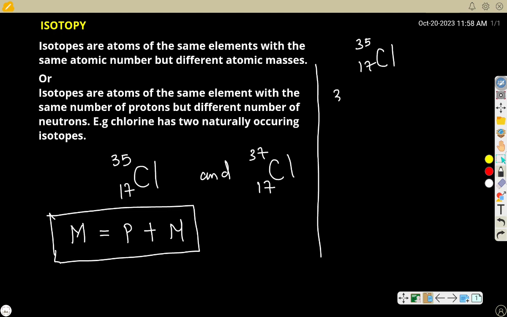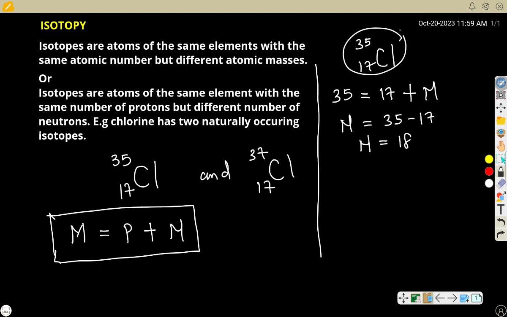This will be 35 is equal to number of proton 17 plus number of neutron. We represent it as N. So now you can collect like terms. So the number of neutron is 35 minus 17. So number of neutron is 18. That means the number of neutron present in this chlorine 35 is 18.